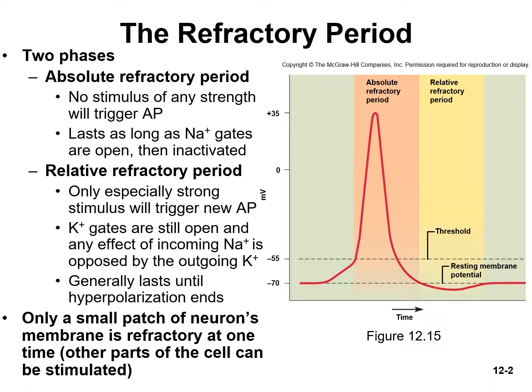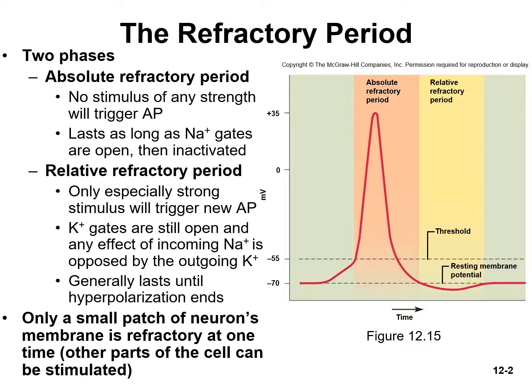So this is a period of time during which it's just very difficult to stimulate that neuron to fire again. Only an especially strong stimulus is going to trigger a new action potential. During this period of time, potassium gates are still open, and any effect of the incoming sodium is opposed by the outgoing potassium. So generally this lasts until hyperpolarization ends.